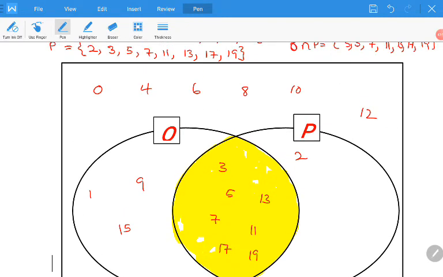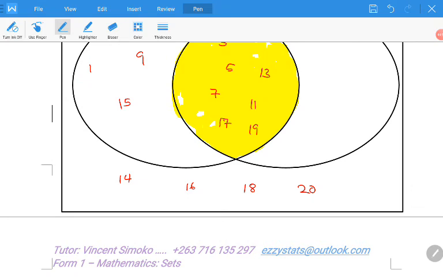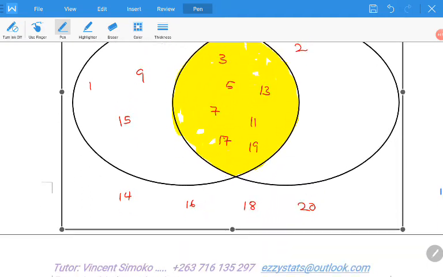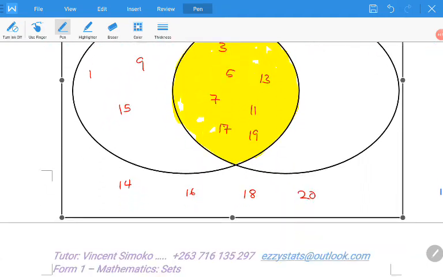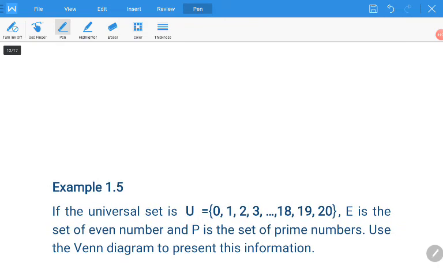So I'm supposed to be having 21 elements: 1, 2, 3, 4, 5, 6, 7, 8, 9, 10, 11, 12, 13, 14, 15, 16, 17, 18, 19, 20, 21. So this is looking okay to me. So I've presented that information on a Venn diagram.